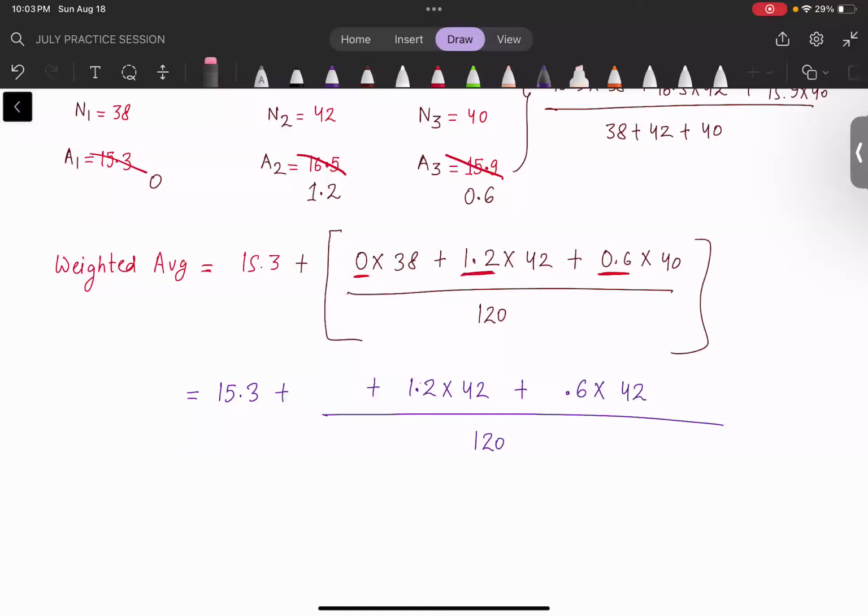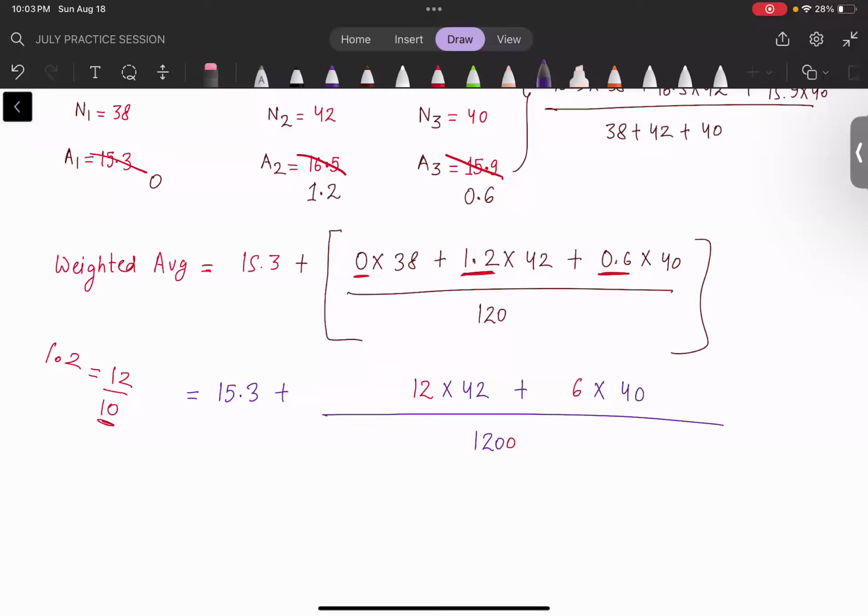Now this 0, let's leave it. After that we have this decimal. 1.2 has a decimal. 0.6 also has a decimal. That decimal I'm removing. I'm just writing 12 and writing 6. Because of the decimal, there will be 10 in the denominator. Just like this, 1.2 is 12 by 10. So because of the decimal, 0 comes in the denominator. The same way, I have written 10 extra in the denominator.